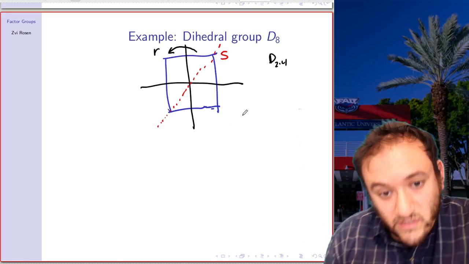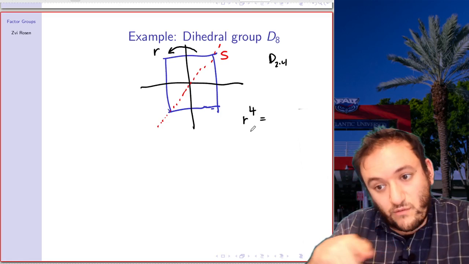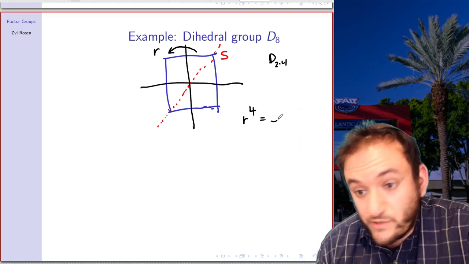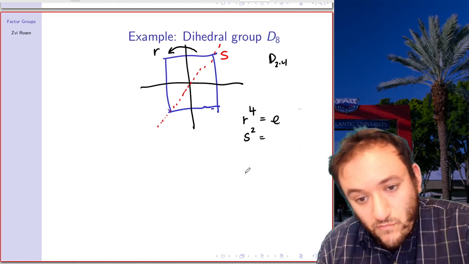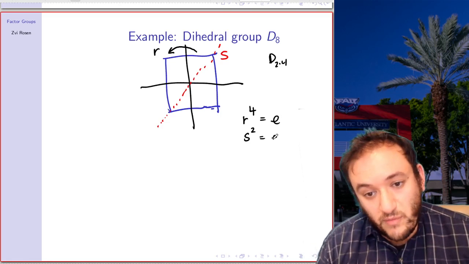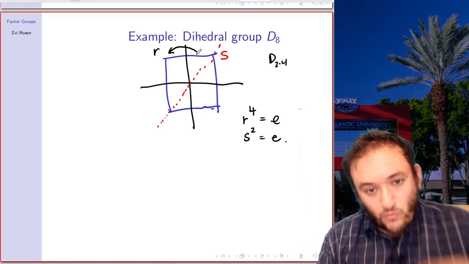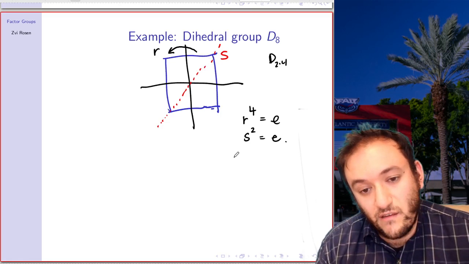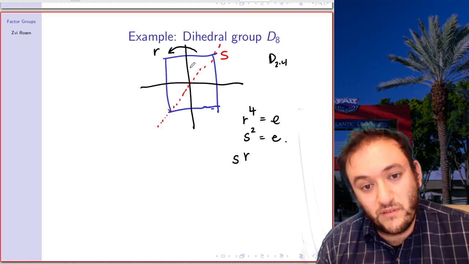So we know obviously that R to the fourth, when you rotate it around 4 times, you get back to where you started. That's the identity element. When you flip it across that line, then you flip it again, you get back to where you started. And also, when I rotate it once 90 degrees, we can look at what happens when we first rotate and then we flip.